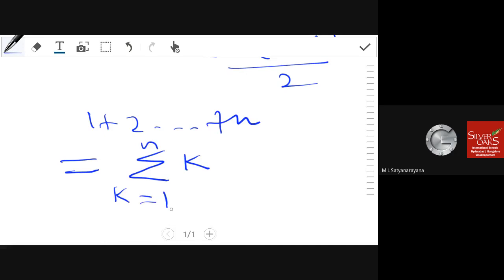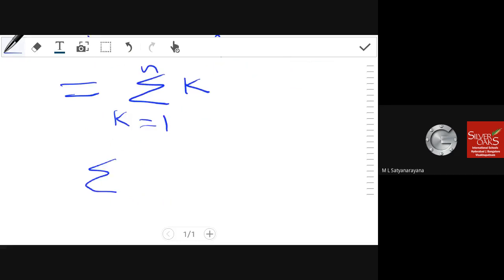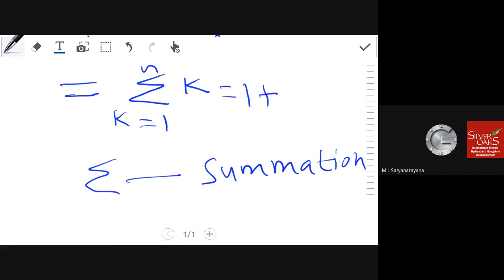The meaning of sigma is nothing but summing, or summation. So take k equal to 1, next k equal to 2, k equal to 3, up to n we are going to take. That is sigma k.